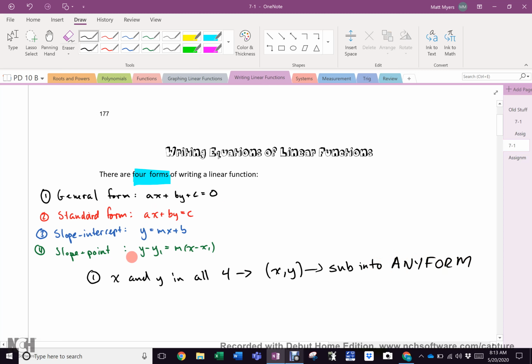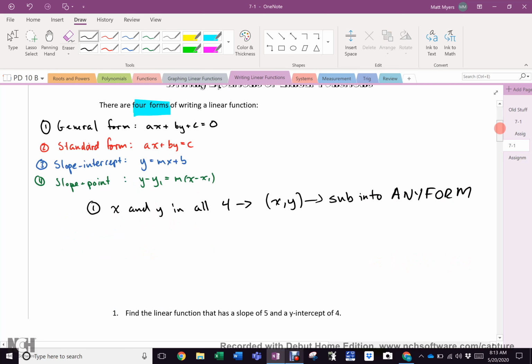And then other than that, it's just what information you have will dictate which form you use. So let's go on and do some of these.